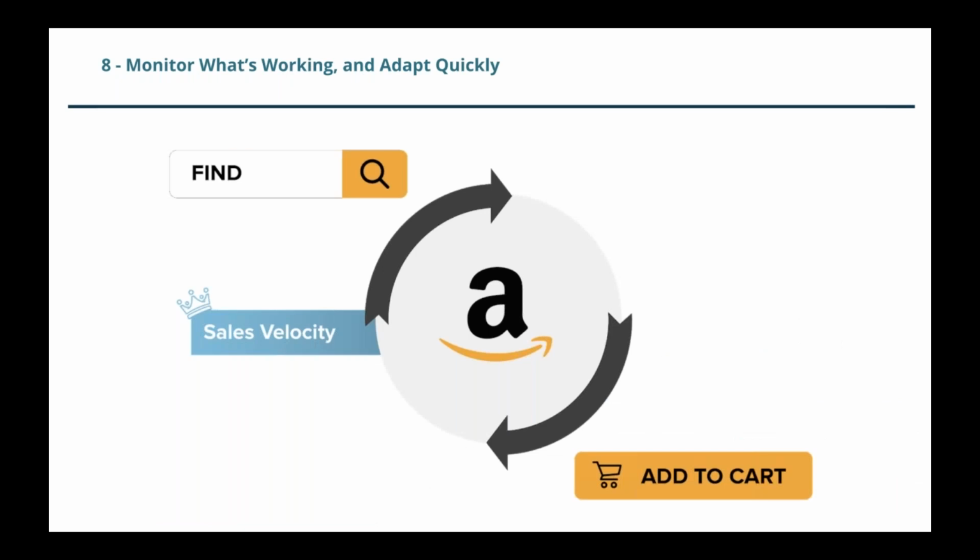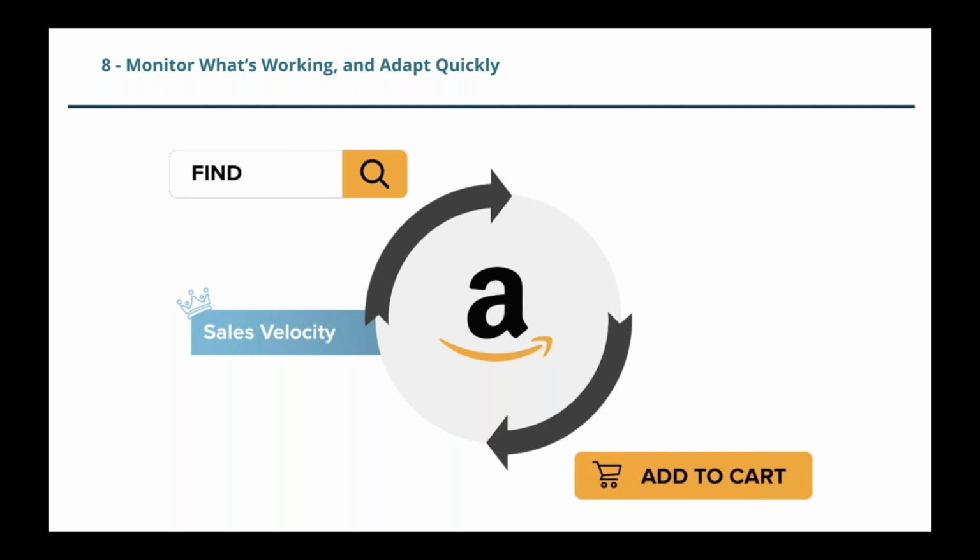And this brings me to the last point, that you want to monitor what's working and adapt quickly. The thing about Amazon is that, unlike some other shopping platforms like maybe Etsy or Walmart, it's less of a discovery platform. It's less of a shopping environment, and it's more of a conversion engine. And Amazon really rewards sales velocity.